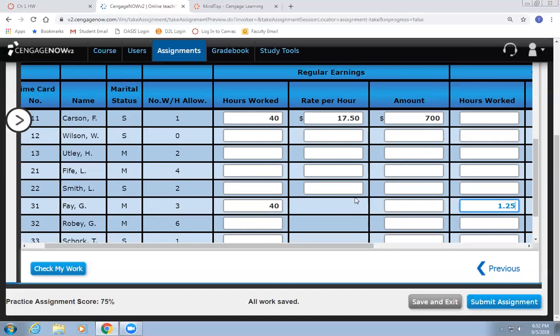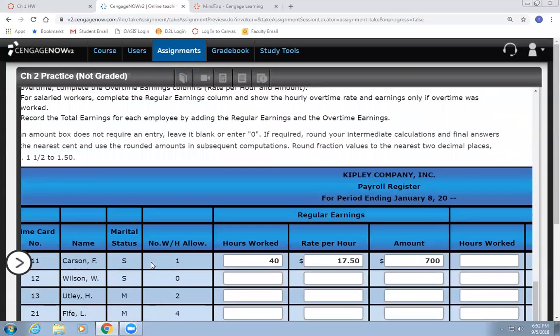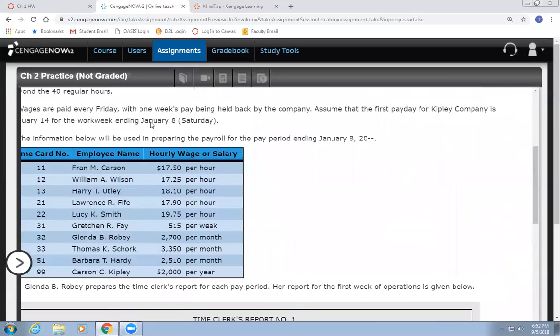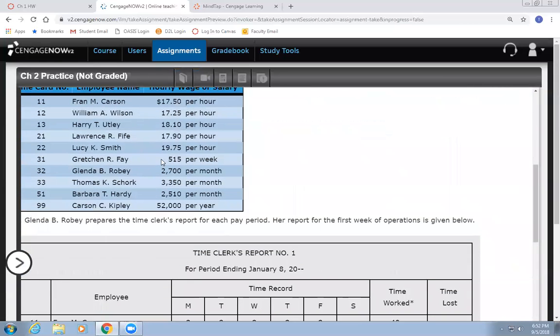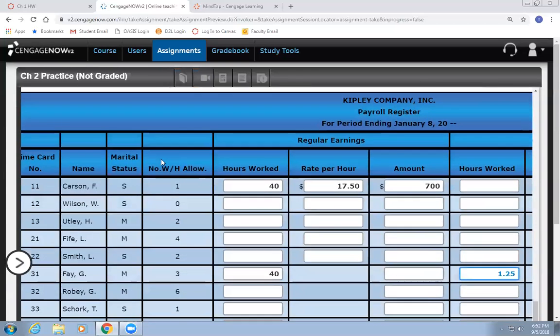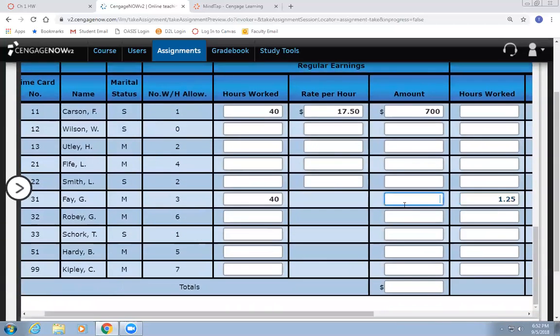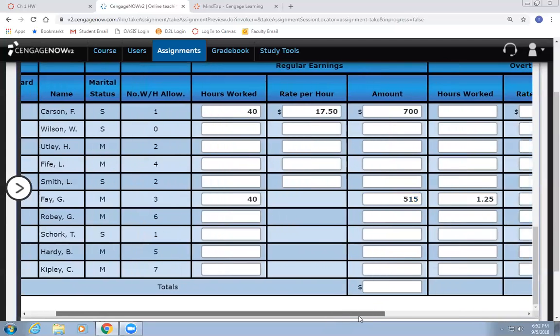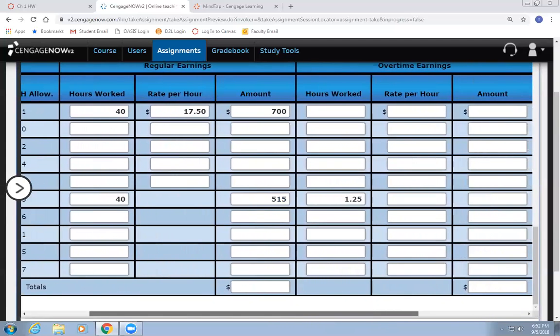Hers is calculated on a weekly basis, right? She makes $515 per week, working 40 hours. Well, that makes it pretty easy. For her regular earnings, she's getting $515 this week. But we have to figure out what her overtime rate is. Thankfully, we already have a weekly rate for her.